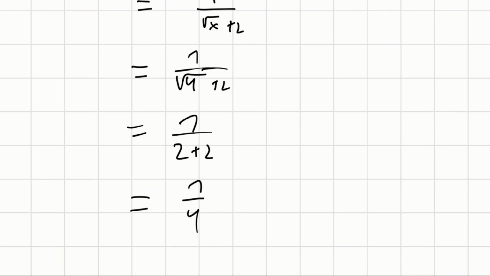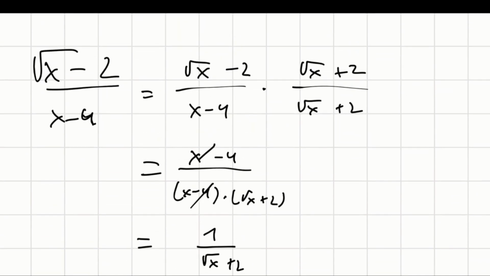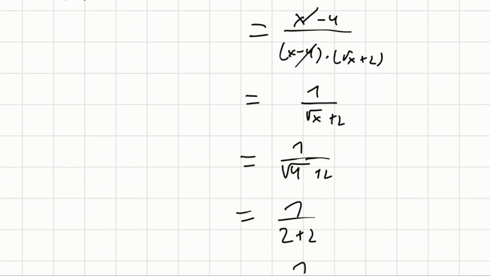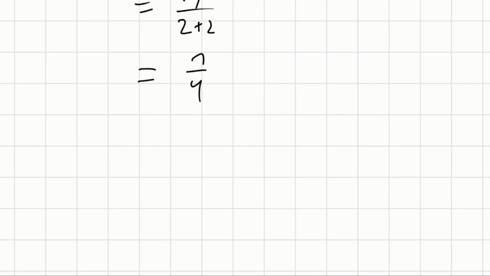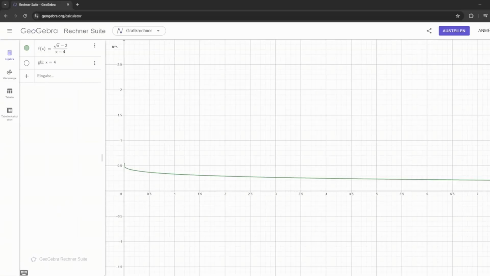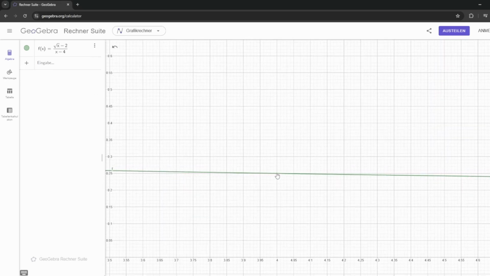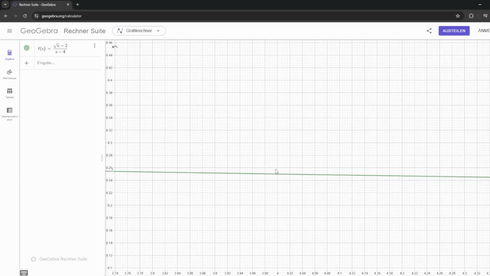So if we have the function which looks like this, we will see that our function f is going to near 1/4. To just show you that it's true, if we now zoom to the 4, we can see this is true.